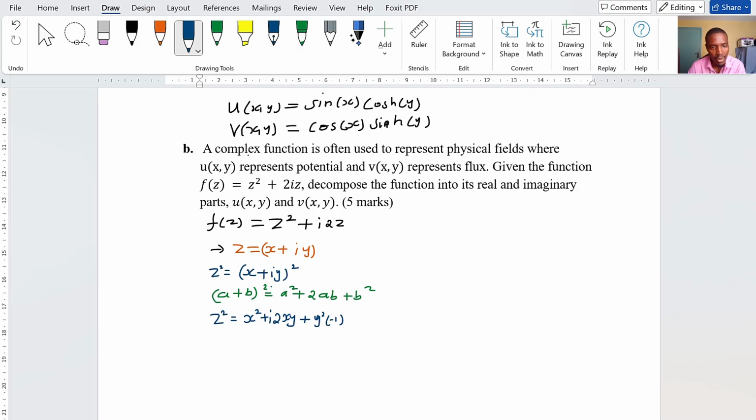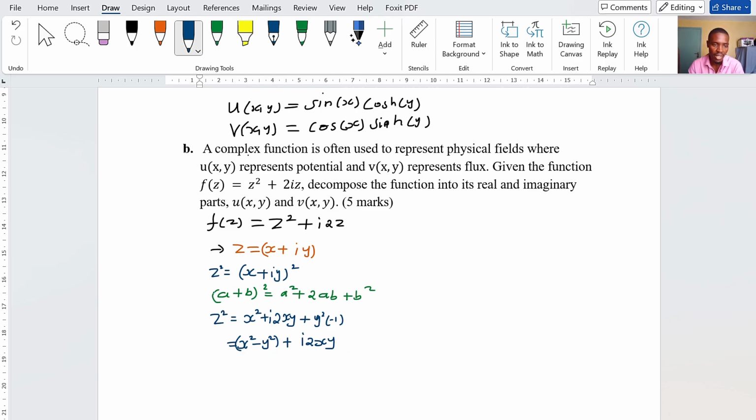Why? Because b is iy, i squared is negative 1, y squared is y squared. Now this simplifies as x squared minus y squared for the real part, then plus i 2xy, which is the imaginary part.